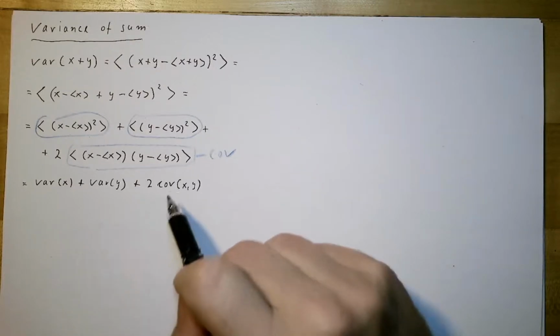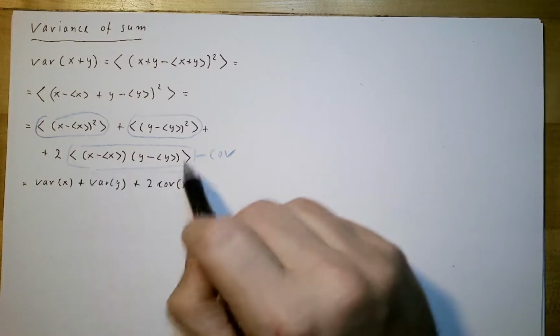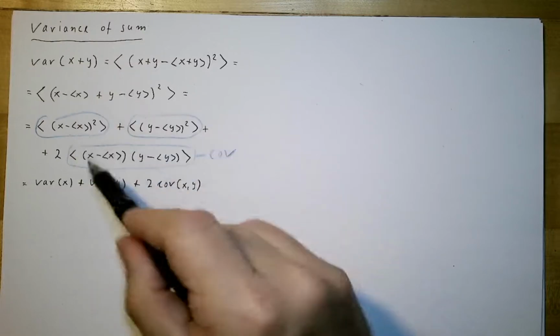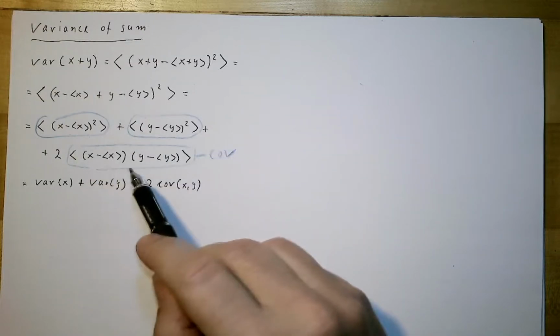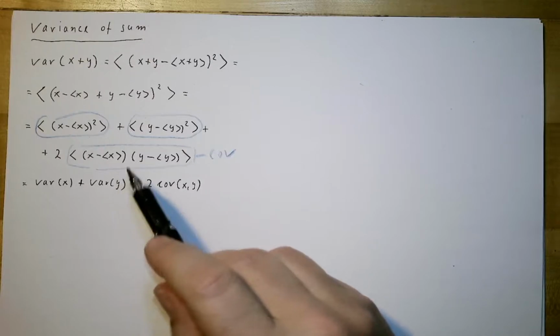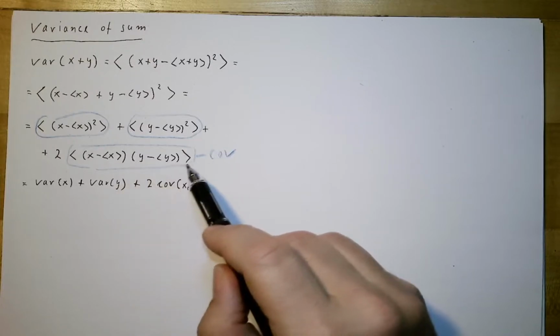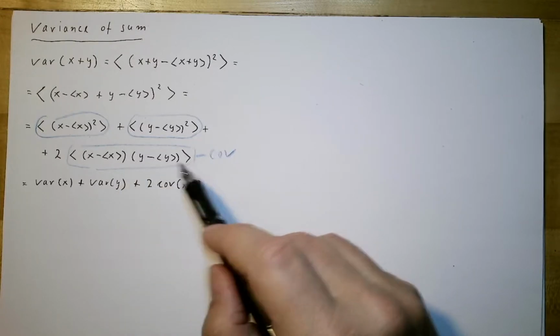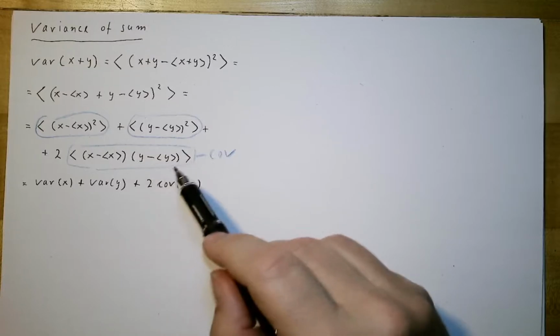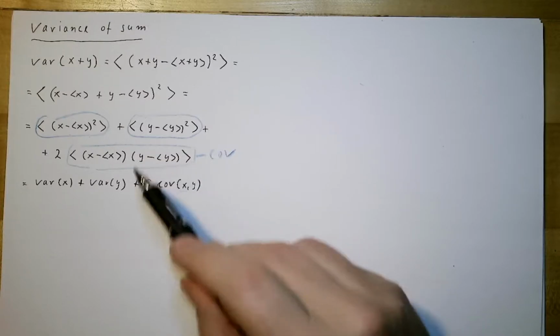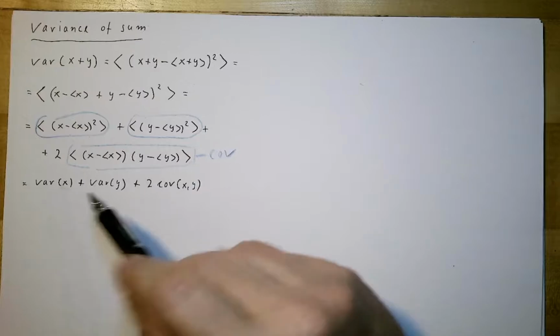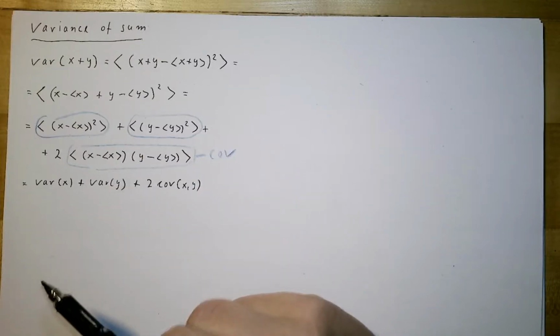And it turns out this covariance, so this combination which here naturally emerged, that's the crucial ingredient, or the crucial moment that we need to consider when we have two random variables, so a distribution of two random variables.